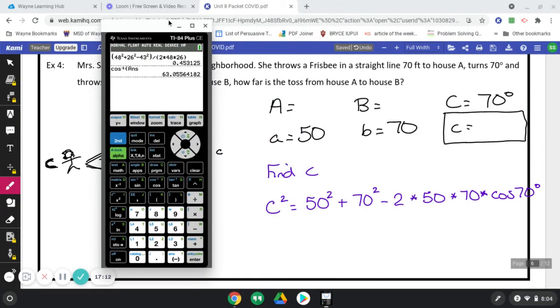Remember, at the end of this one, to get rid of that square, you want to square root it. Square root the answer at the end. Take a second now, type it in. Make sure it looks exactly like what you wrote out.